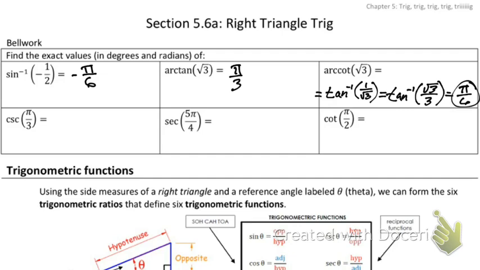All right, cosecant of pi over 3. Since cosecant isn't on our unit circle, we need to use sine, which means we're looking for 1 over sine of pi over 3. In other words, find your sine value at pi over 3 and take the reciprocal.